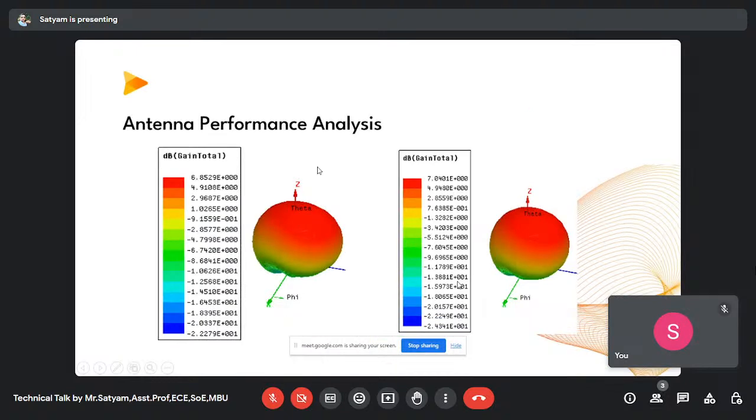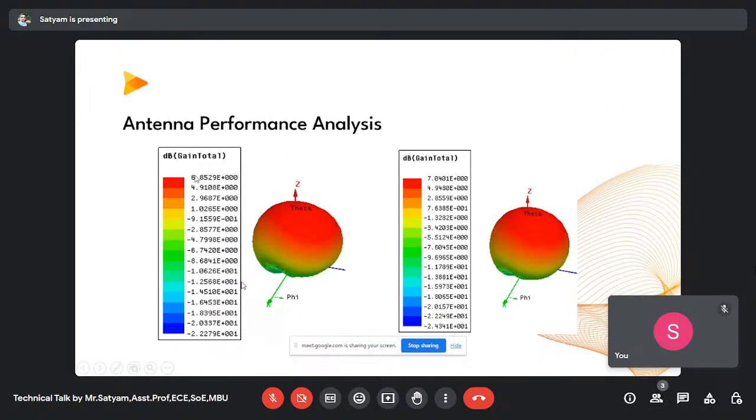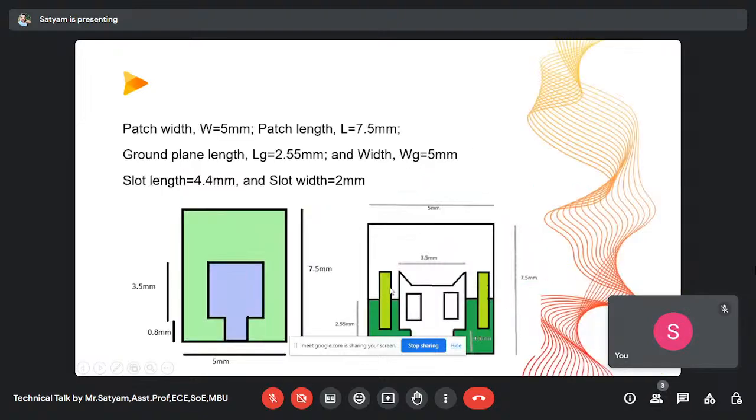So this is the performance analysis of the antenna. All antennas we make, we make to increase the gain. In the first case, without any parasitic patch, without any DGS, without any slot, the gain comes out to be 6.85 decibels. When we make three modifications: slot, parasitic patch, and the defected ground structure.